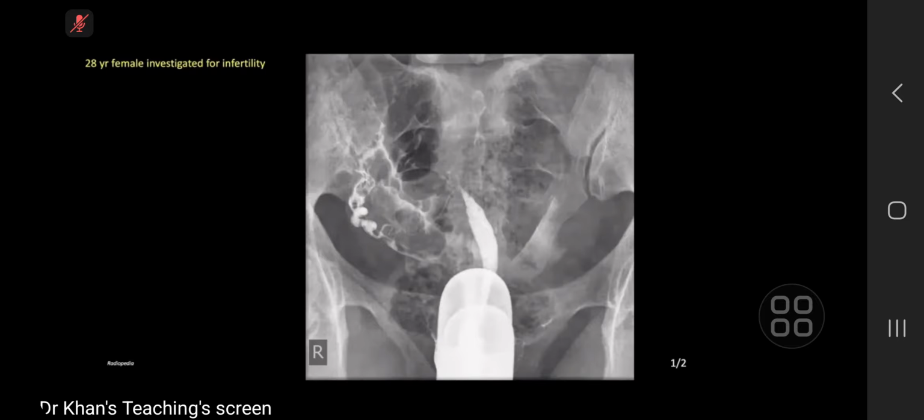This is a unicornate uterus, so a single uterine cavity communicating with a right fallopian tube with healthy spill. I cannot see a uterine cavity on the left side, or a left fallopian tube.